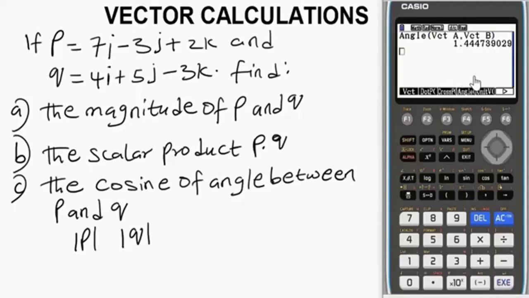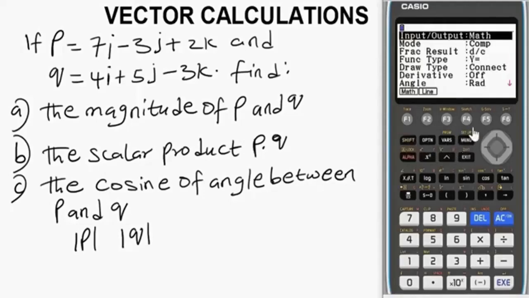1.44. Now this is the value in radians. Alright, by default my calculator is on radians. Since we are looking for the angle, it's meant to be in degrees. To quickly change it to degrees, all you have to do is to press shift menu, then scroll down to angle.